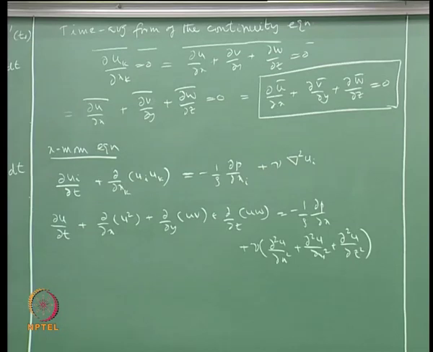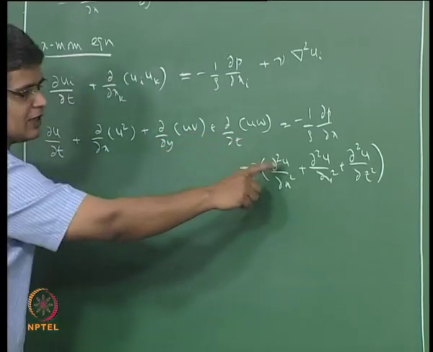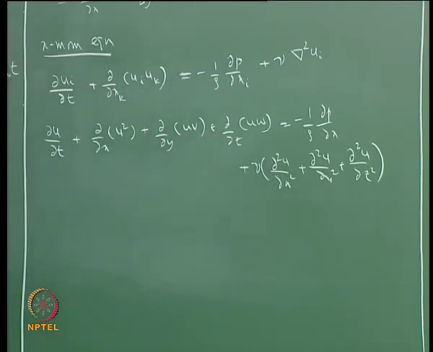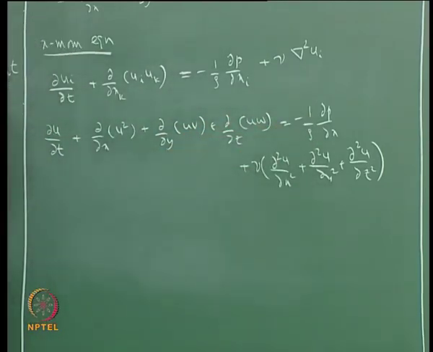This is the x momentum equation expressed in terms of the instantaneous quantities u, v, w and p, each of which is fluctuating and each of which can be decomposed into u bar plus u prime, v bar plus v prime, w bar plus w prime and so on. So now we want to have a time average form of the Navier Stokes equation.